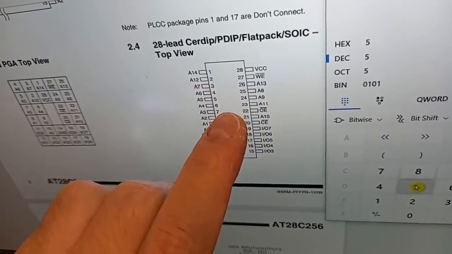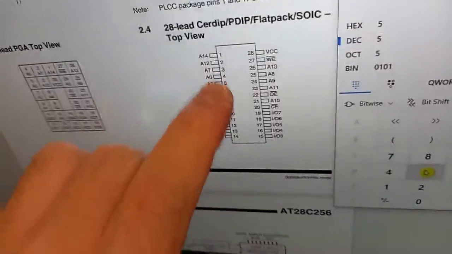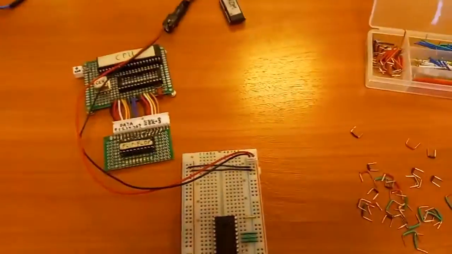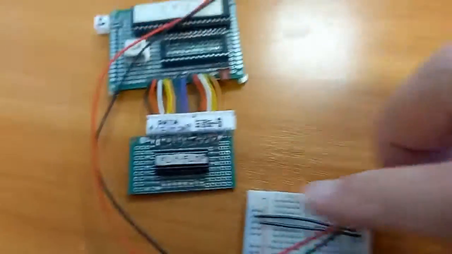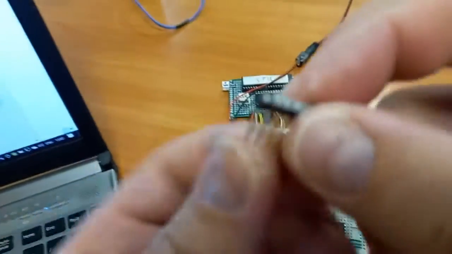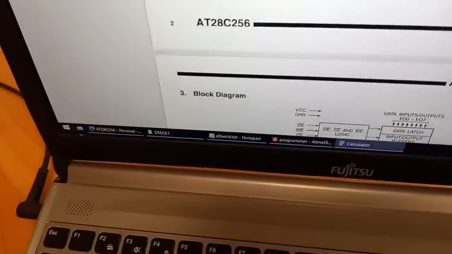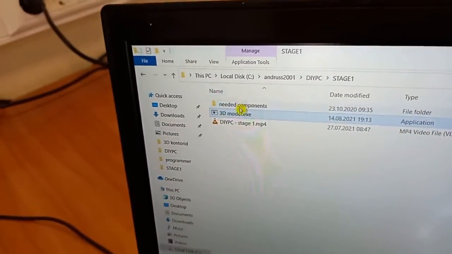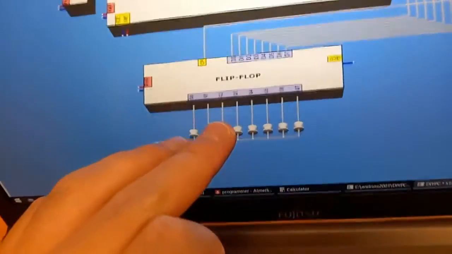When the memory chip wants to show us the number sitting at a given address, we want to see that number when it's being shown. For that, we can use these light emitting diodes, but I have connected them this way. How they're connected, we can see in this 3D model, the same 3D model as before.